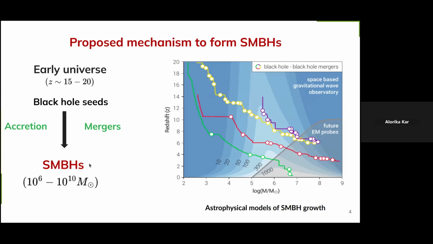and eventually grew to this huge mass range. Now you might ask, can we not have the same phenomenon as in stellar mass black holes, where we form a supermassive star and that collapses to a supermassive black hole? So the answer is no. We cannot form such huge stars, because the formation of stars from a molecular cloud happens through fragmentation, so you cannot allow a star to be formed with such a high mass that would give birth directly to a supermassive black hole, like we see in stellar mass black holes.